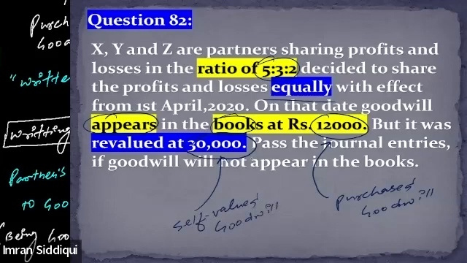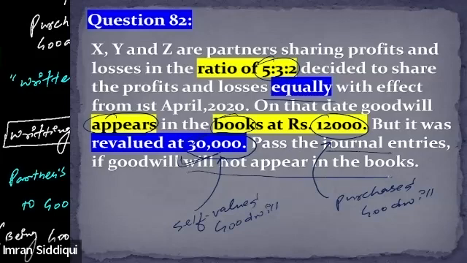The treatment will be done differently: since the 12,000 is appearing in the book, its treatment will be as per the purchase goodwill, and since we have revalued the goodwill, the treatment of this will be as per the self-valued goodwill. Got it?